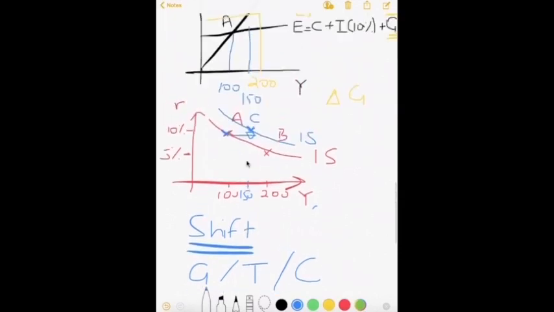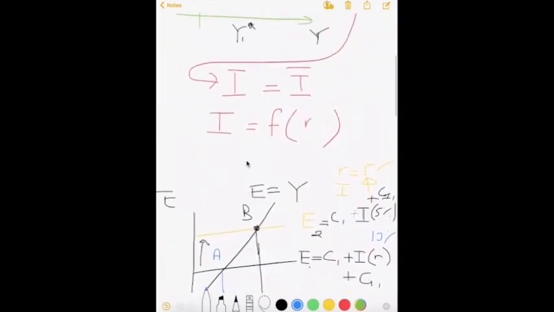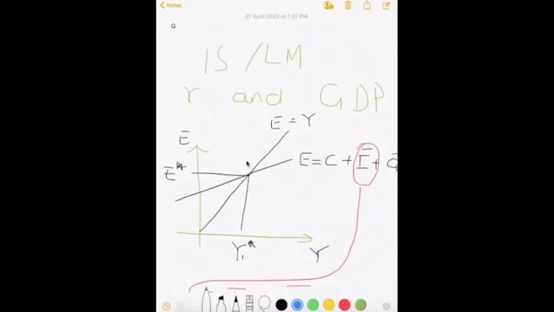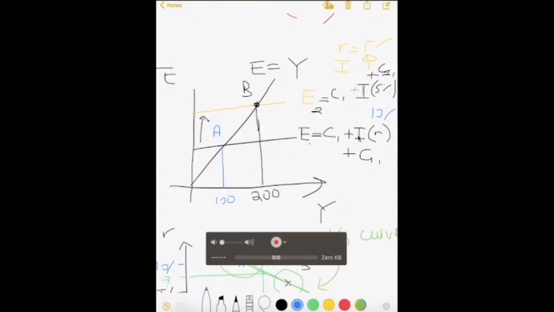So just to recap, what we've done so far is that we've derived the IS curve, which is showing us multiple combinations of interest rates and GDPs along a curve that are equilibriums in the goods and services market. And that we've derived by endogenizing interest rates into the investment, by endogenizing investments and making it a function of interest rates.